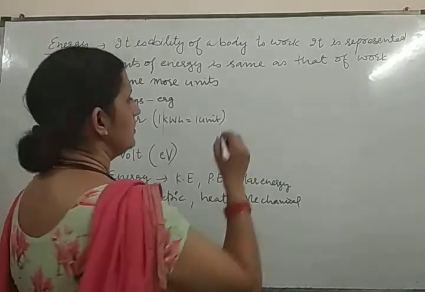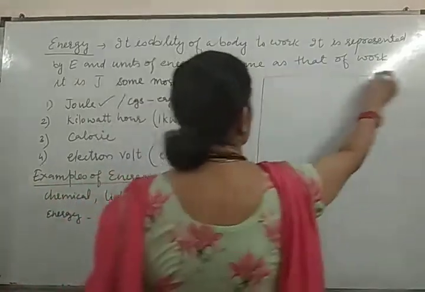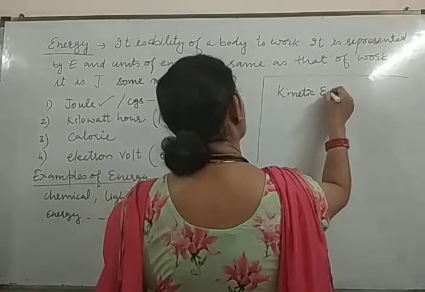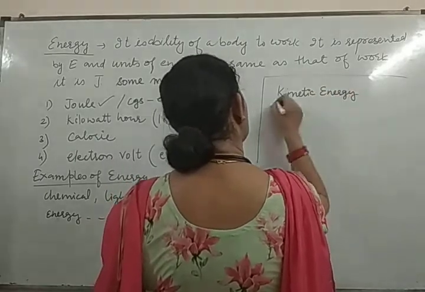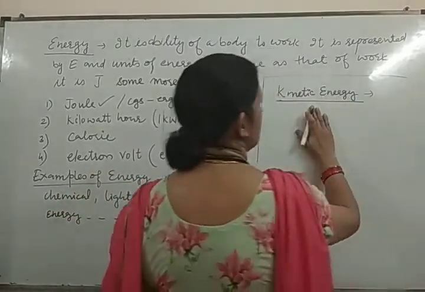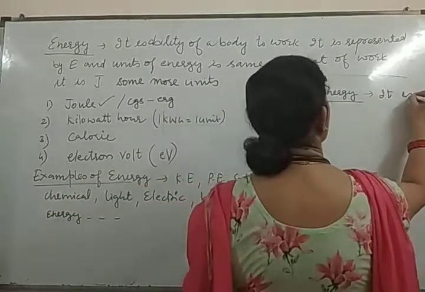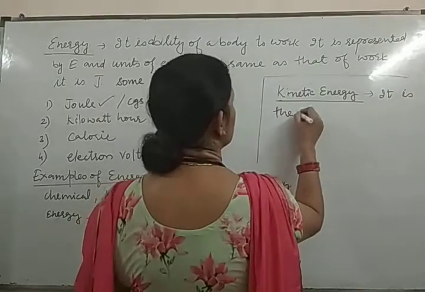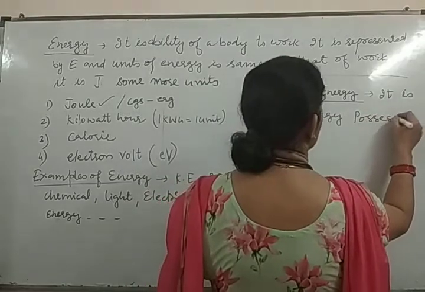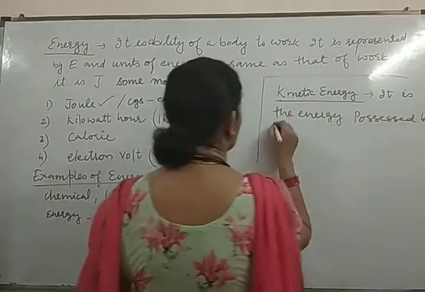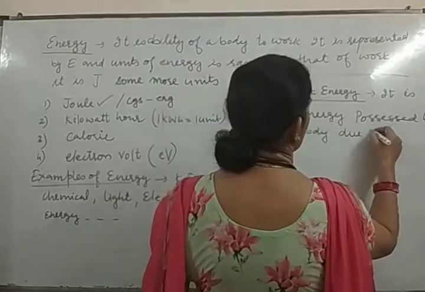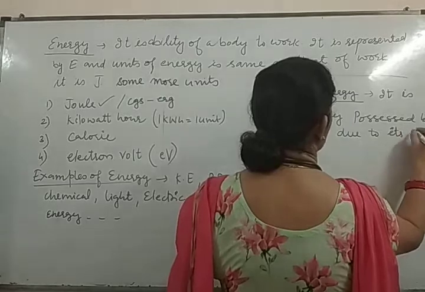In this chapter, we are going to study the kinetic energy. What do you mean by kinetic energy? Kinetic energy and potential energy, both we will study in this chapter. It is the energy possessed by the body due to its motion.